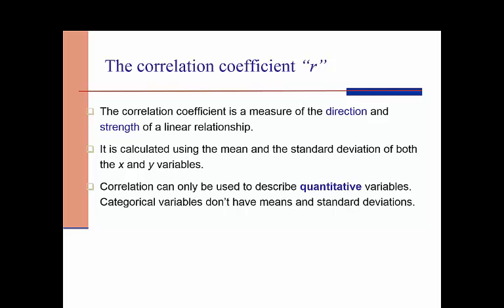So we can describe the strength of a relationship between two different variables using Pearson's correlation coefficient, R. You may have seen it in Stat 2110 a little bit, but it only works when the two variables are numeric, or quantitative.